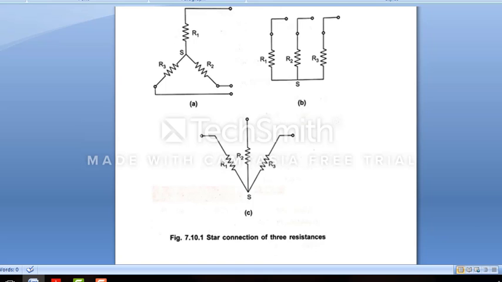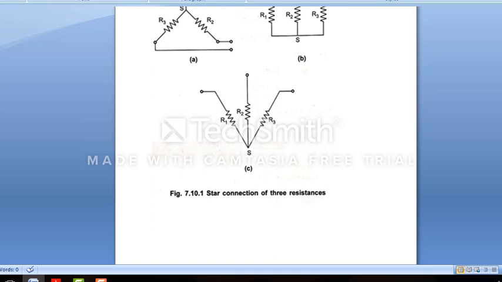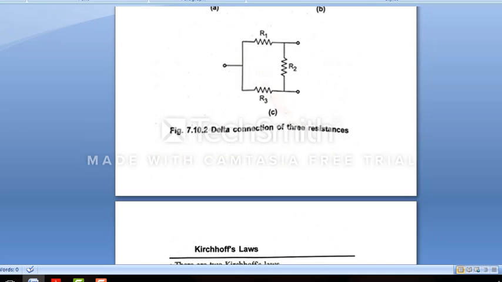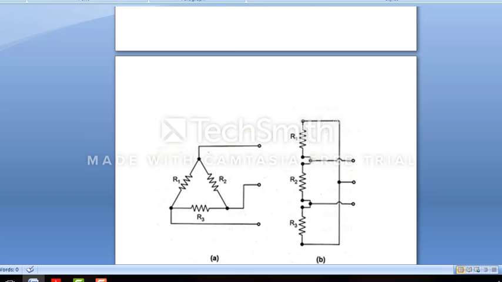Next is the delta connection. What is meant by delta connection?